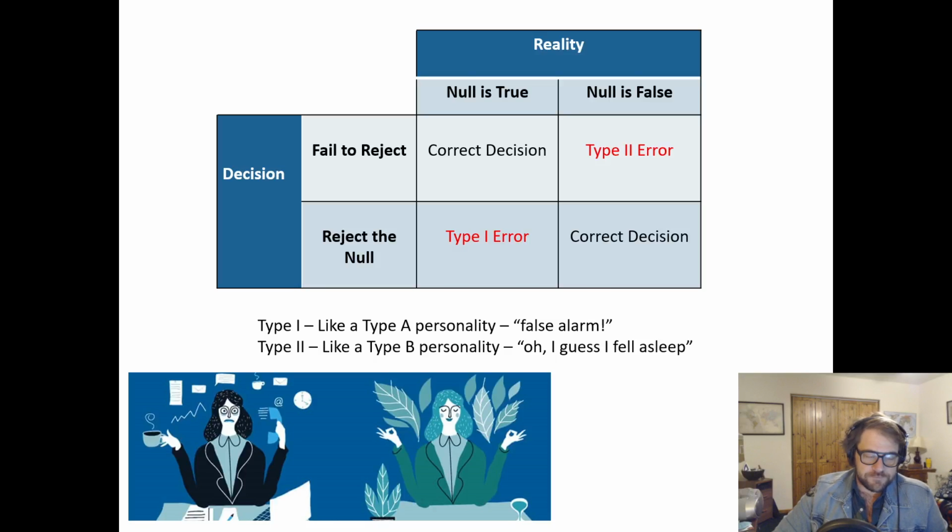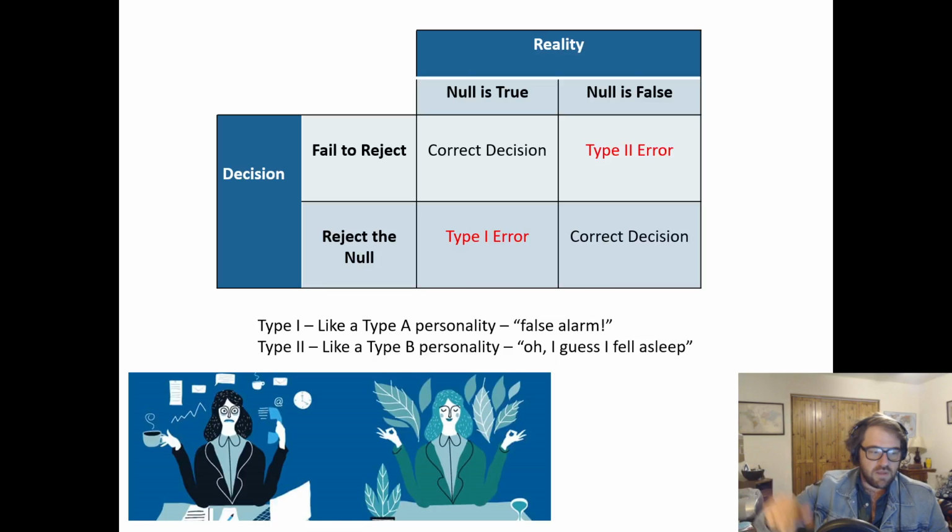Type 1 error is like type A. Type 1, type 2 error is like type A and type B personalities, right? You've got both of these. Type A personality is like that. And a type B personality is kind of like, it's cool, everything's fine, right? A type A personality is way more likely to make a false alarm because they're awake and doing all these cool things and they're like, oh, there's a UFO.